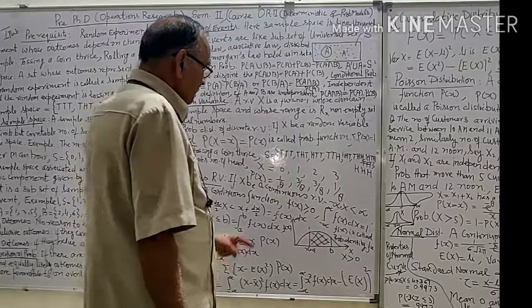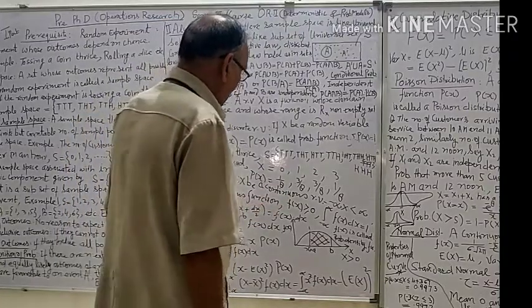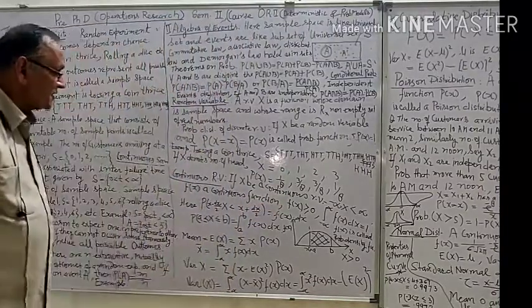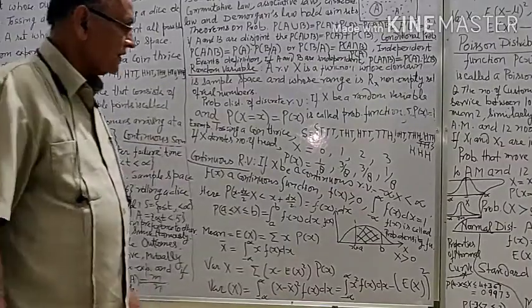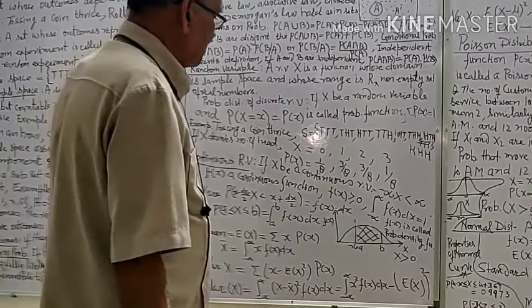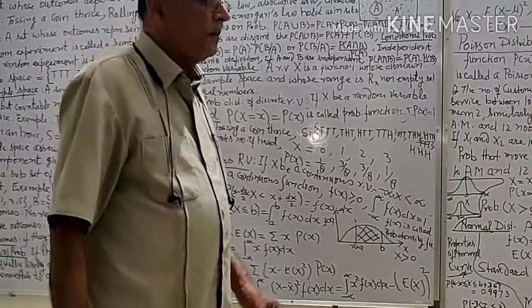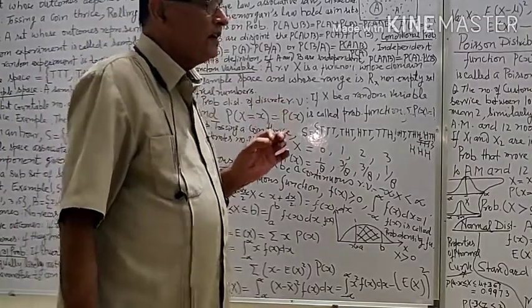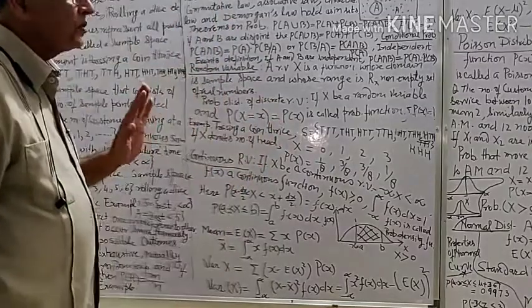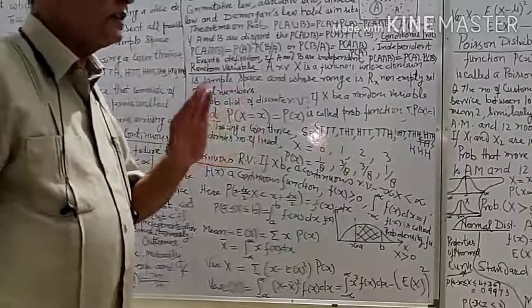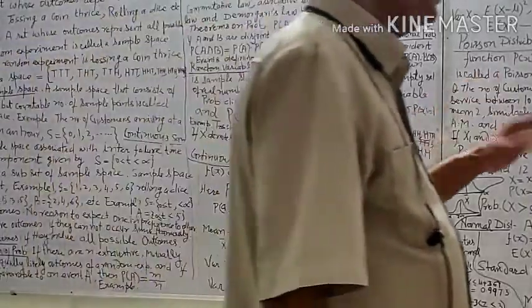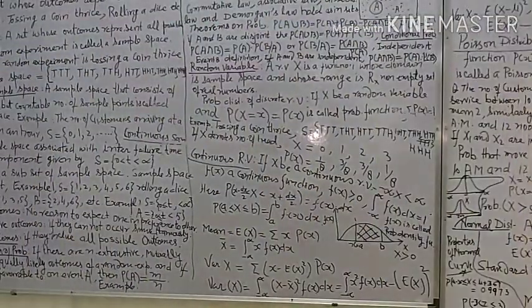Then fx is a probability density function. And now the question is how to attach a probability in case of continuous random variable. If you take a particular point, then the probability is 0. If you say in continuous case, what is the probability x is equal to 1, what is the probability x is equal to 2, then it is 0.